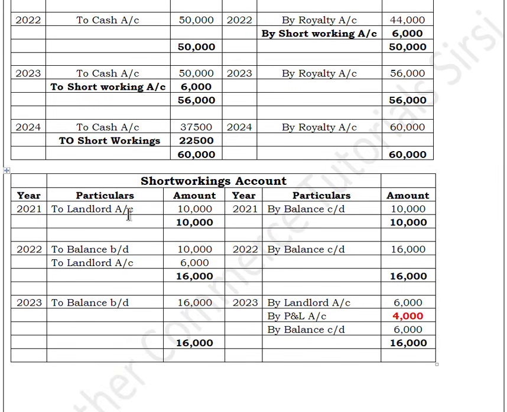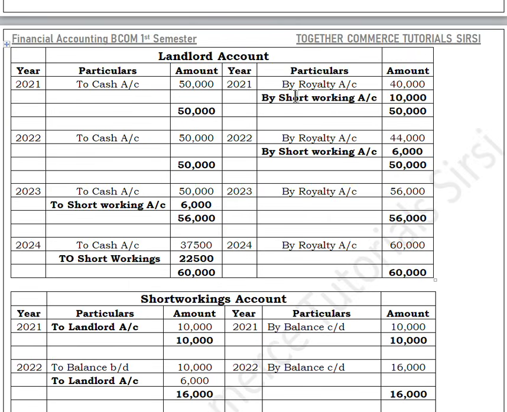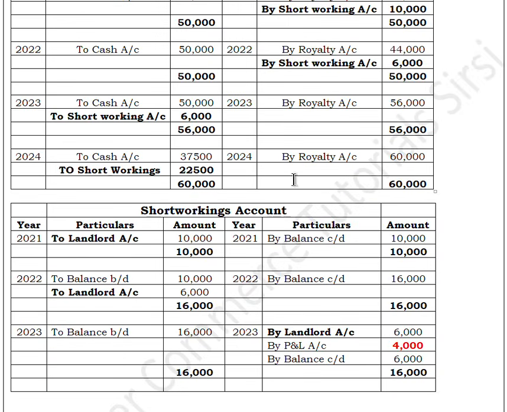I'll be making it bold so that you can understand. To landlord, then to landlord, then by landlord. So these two by entries have come on the two side as to landlord. This to entry has come on the by side as by landlord.